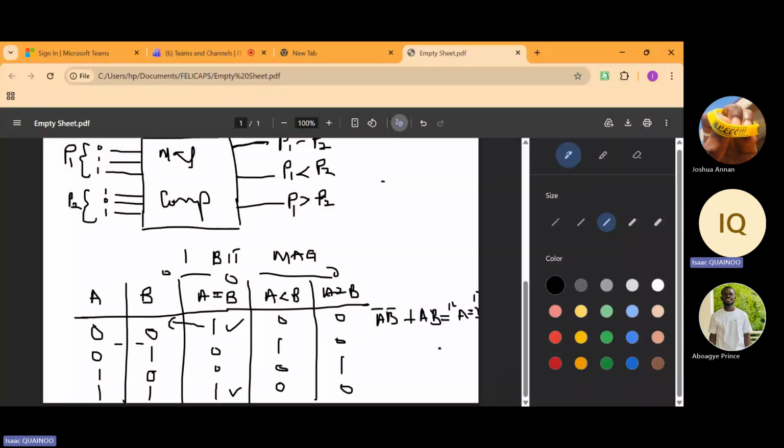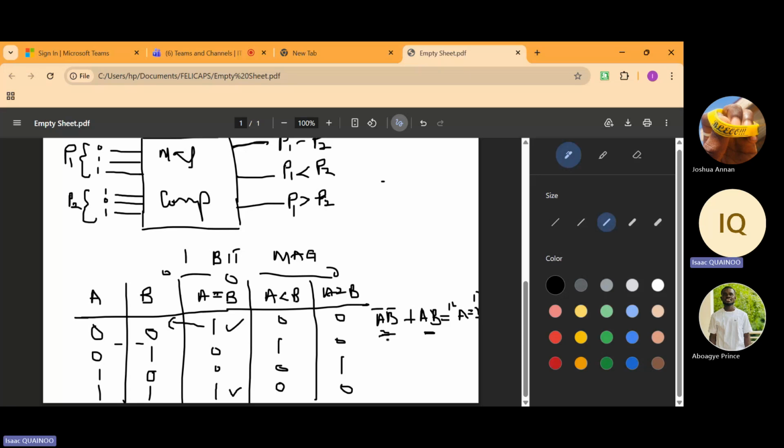So we can proceed to draw our logic circuit diagram for this. We have two different expressions here, and each of these expressions is a product term. This is a sum of products expression because you have two product terms bonded by a sum, which is a plus. So let us work this out.